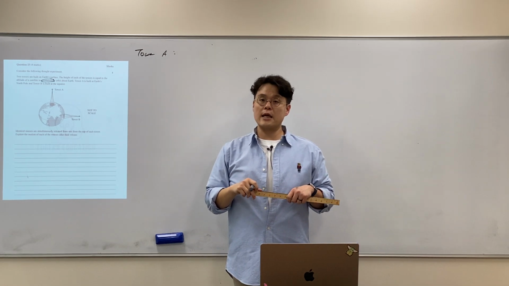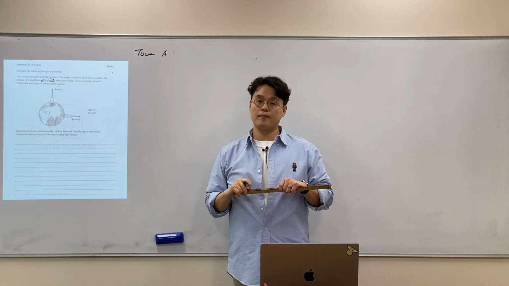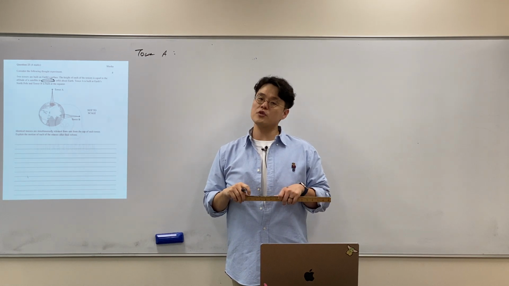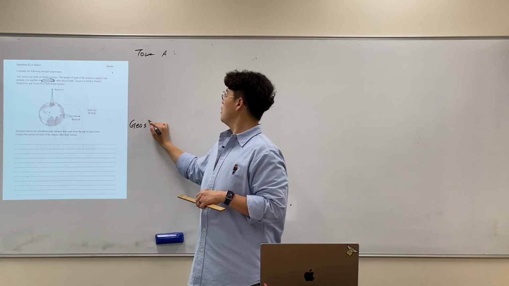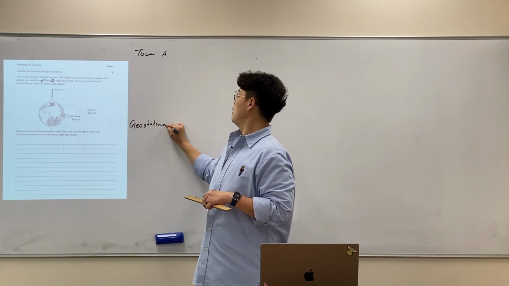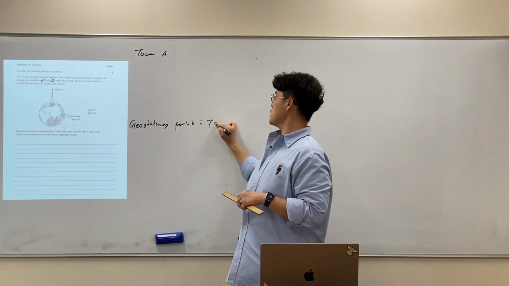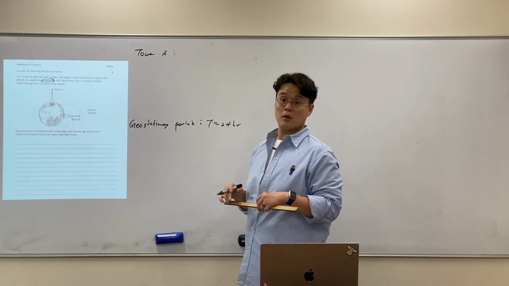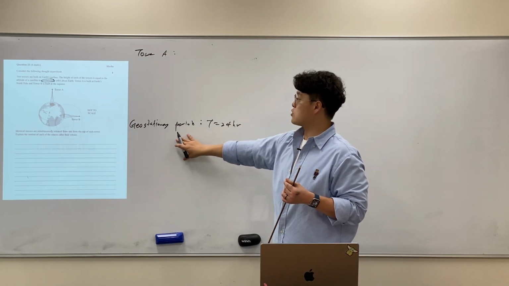First of all, what is the property of the geostationary orbit? Edward, what was the property of the geostationary orbit? Yeah. So the period T is 24 hours. Anything else? Any condition for the geostationary orbit?